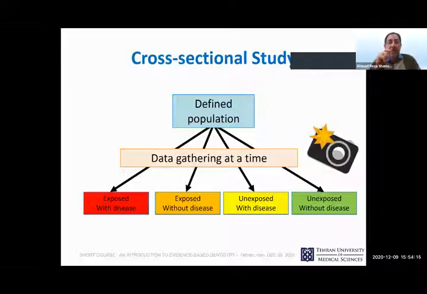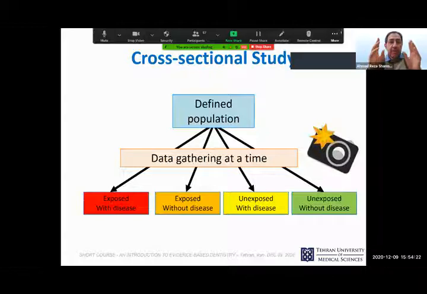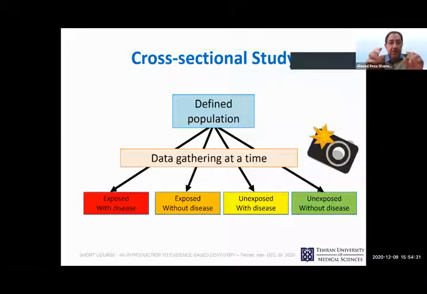For example, today, do you have any exposure to smoke? And today, do you have any disease? So this is the type of question in a cross-sectional study. Today, do you have any exposure to a risk factor? And today, do you suffer from a specific disease or not?